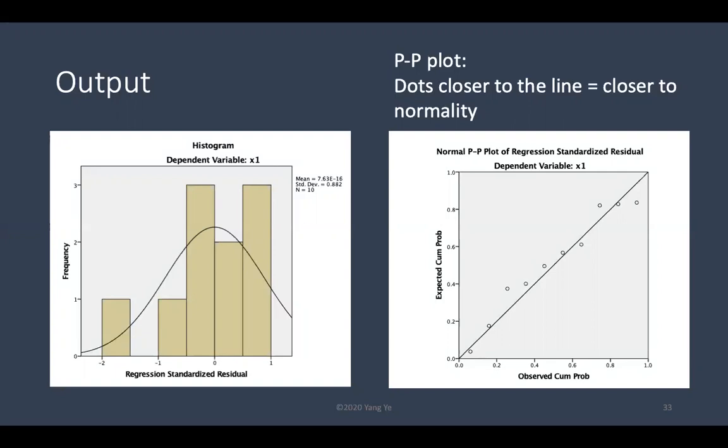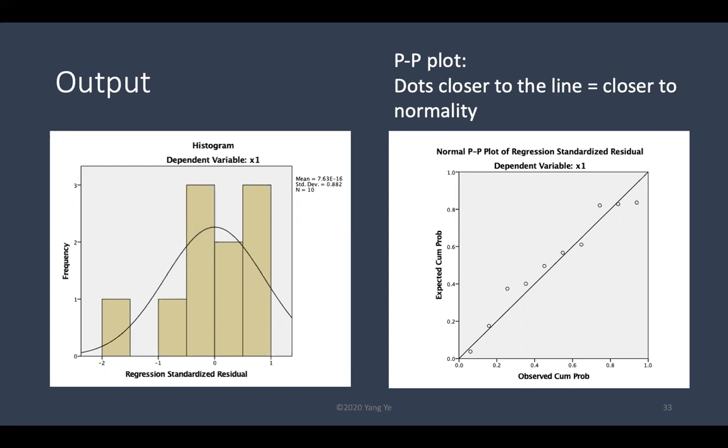The closer they are to the diagonal line, the closer it is to normality. If they deviate from the diagonal line, there's some kind of deviation from normality. Again, these are just eyeballing methods with no test of whether this is different from normality or not. If you really want a test, you can use the Shapiro-Wilk test. Is it Shapiro-Wilk test?